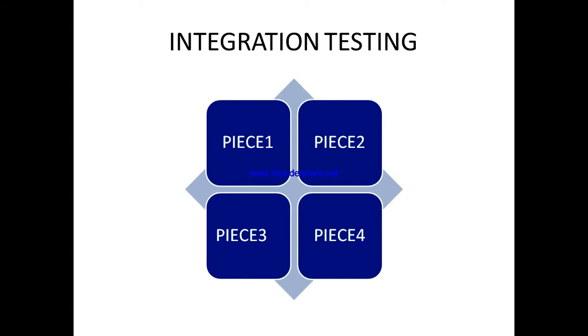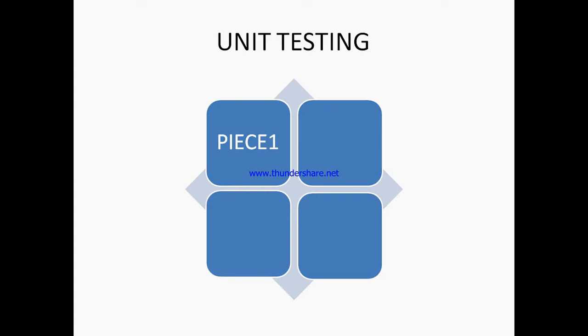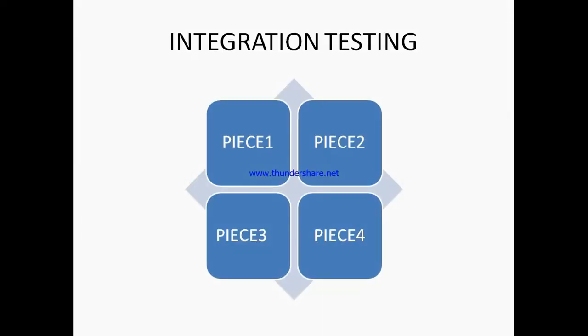Over all the 4 pieces in integration testing, he applies the white box testing techniques, similar to mutation testing, control flow structure, and basic path coverage, whatever techniques he followed in unit testing. He applies them again over all those pieces after integrating. This is what integration testing means. I hope you understood: combining all the pieces and performing the testing is integration testing.